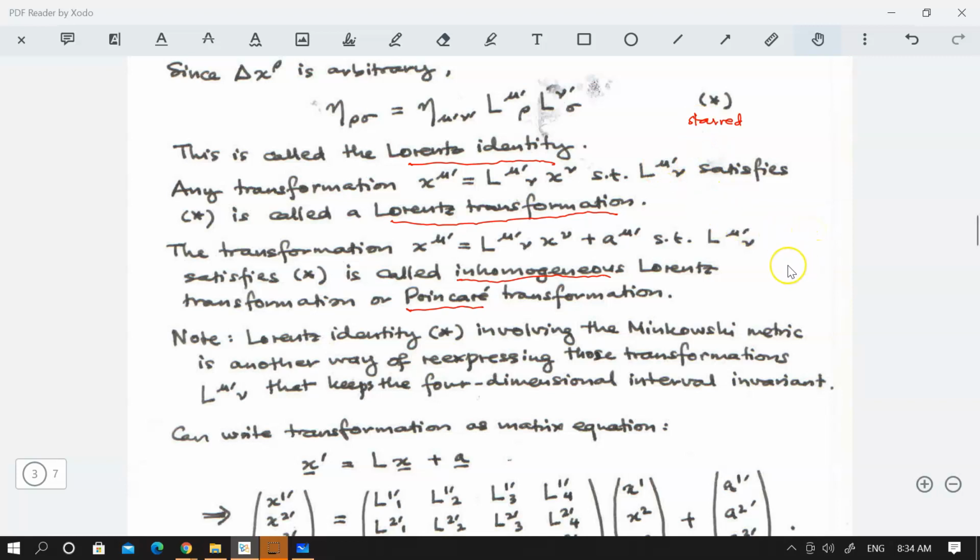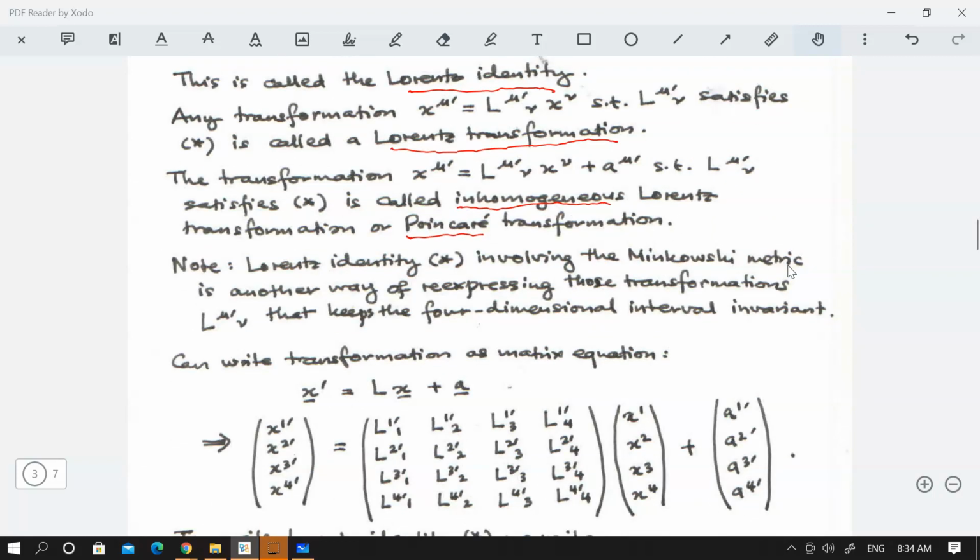So as I said, this note is just saying that your Lorentz identity is telling you that this transformation is the one we're going to use to replace the Galilean transformation. In the Galilean case, what is preserved is Newton's second law.